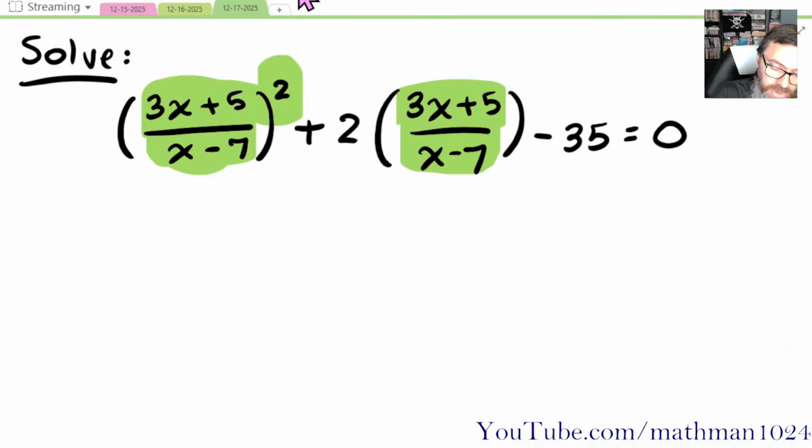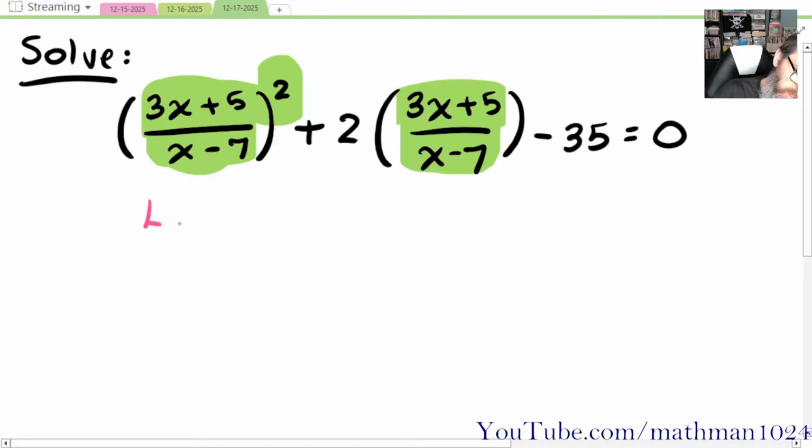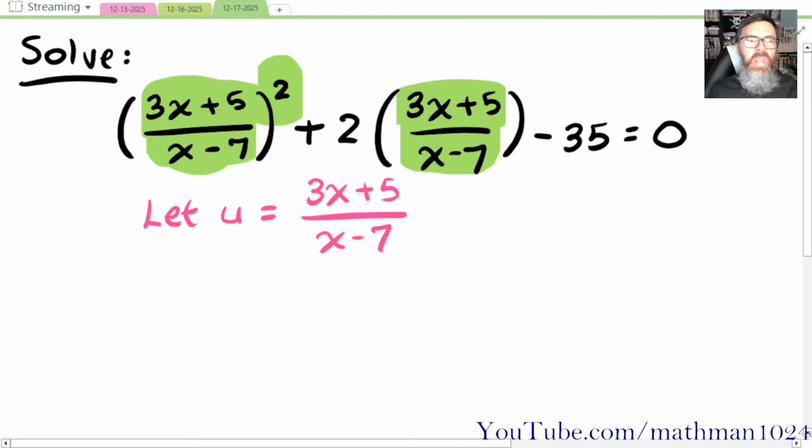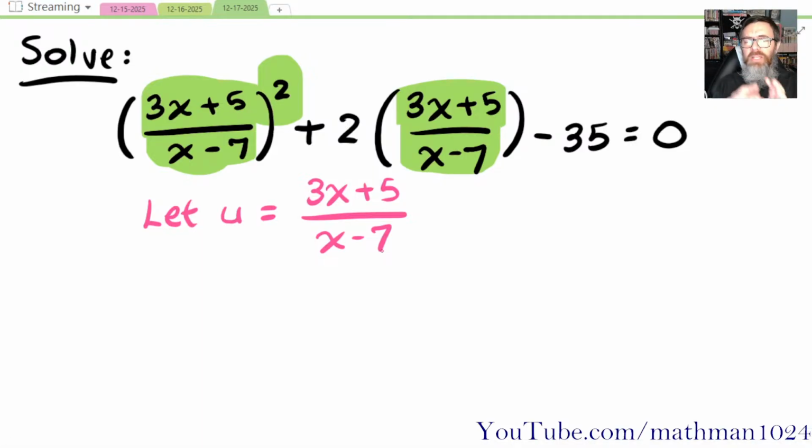We are going to do what's called a u substitution. So I'm going to create a new variable, let's call it u, and I'm going to let this guy stand in place of the expression 3x plus 5 over x minus 7. So instead of me writing that guy all the time, I'm going to let this other variable u represent that.